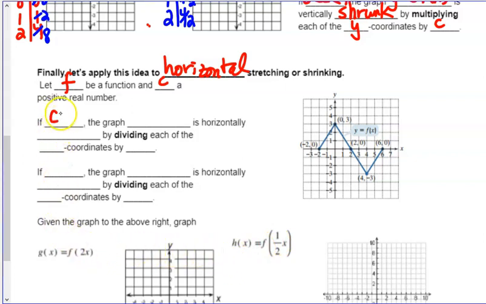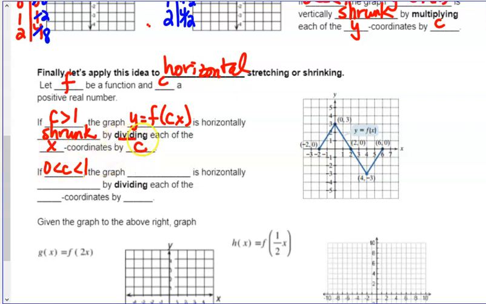Now, if c is greater than 1, then the graph y equals f of cx, so again, notice where the c is, it's on the inside here, is horizontally shrunk by dividing each of the x coordinates by c.